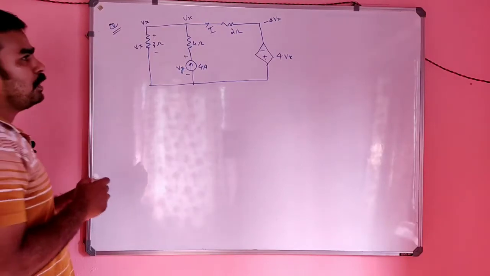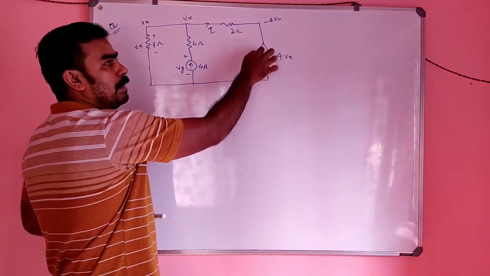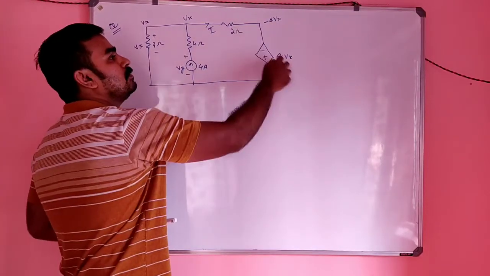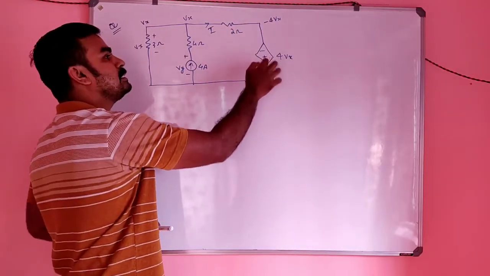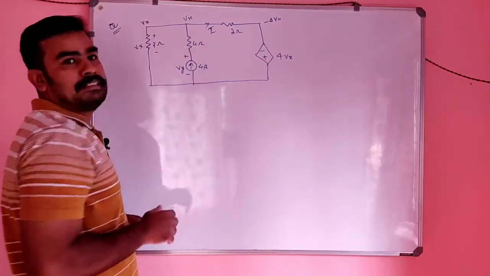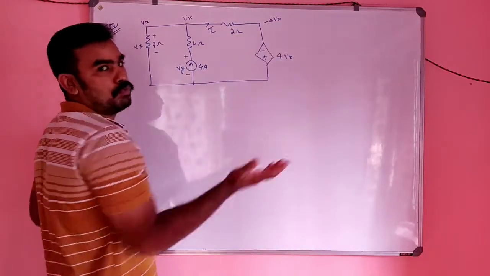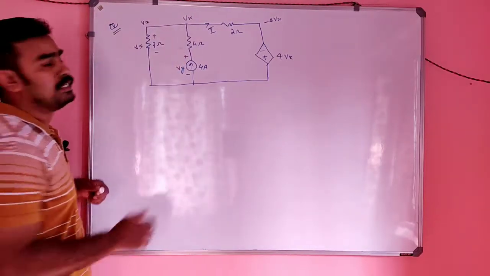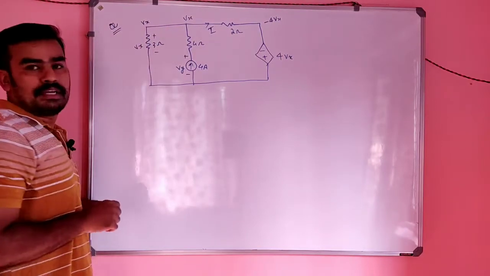If the polarity were plus on top and minus below, you could simply write plus Vx on this top side, but here it is minus and plus, so you can't do that. You have to write minus Vx. That is the difference, and this is of course I, which we have to find. So this is the picture.